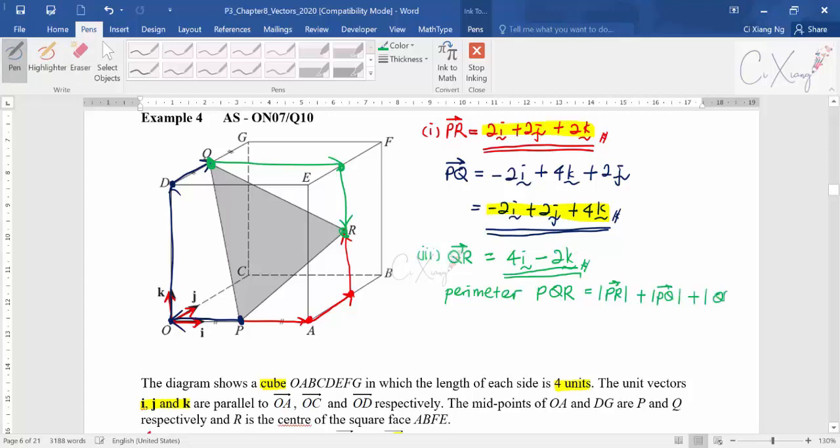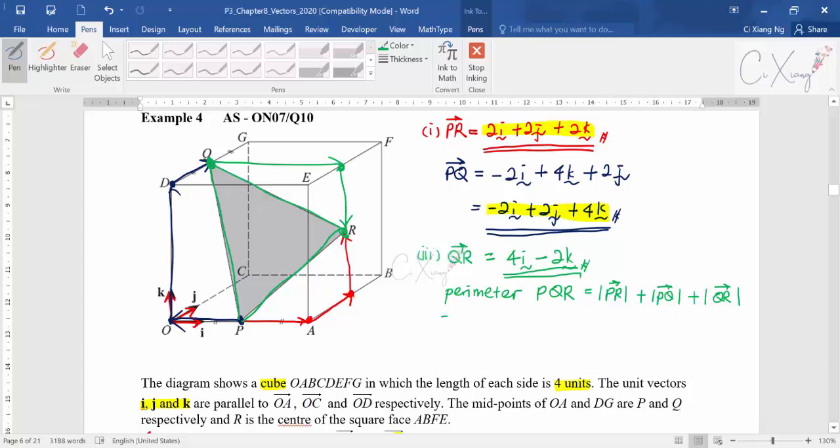So please take note again, all the magnitude or modulus here actually means the length. Length for PR is this one. Length for PQ is this one. And the length for QR is this one. So that's why when you add them together, you get the perimeter of the triangle.